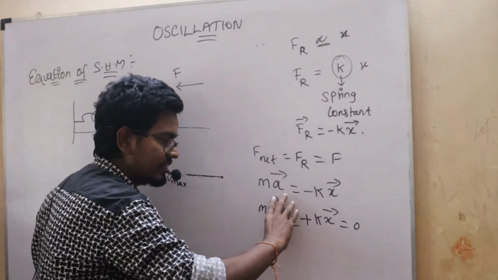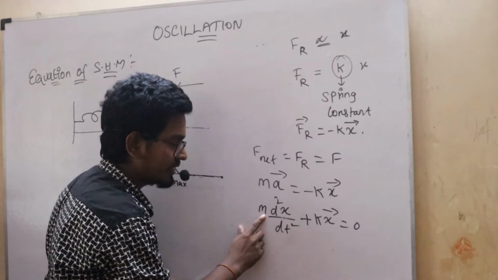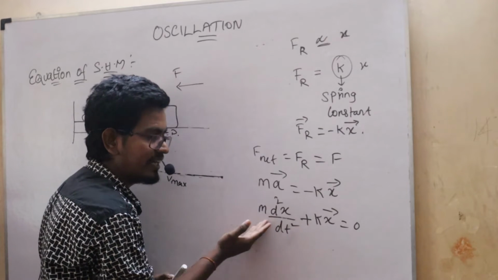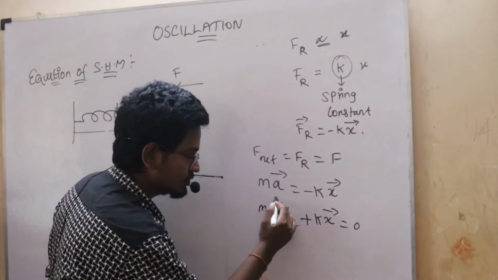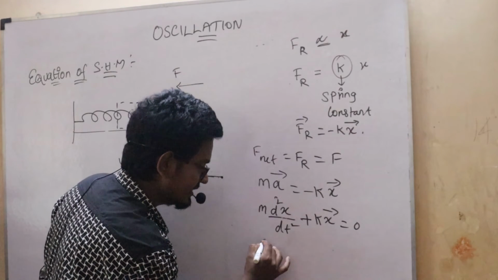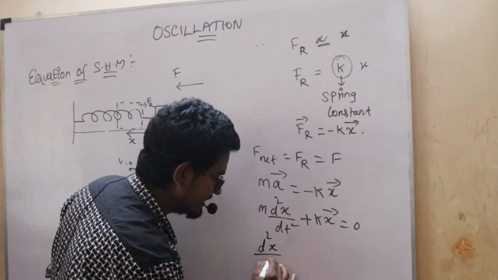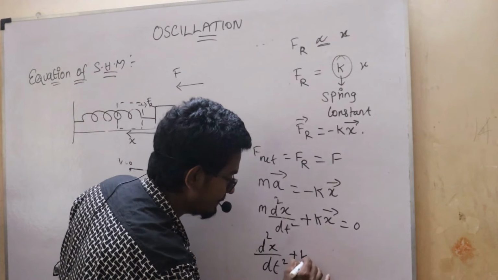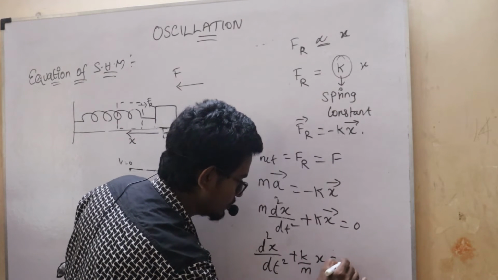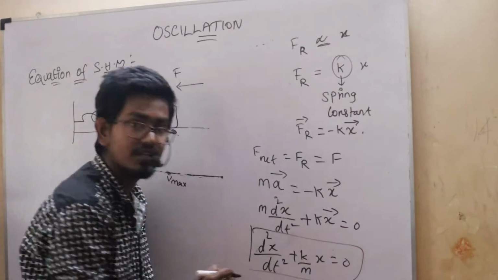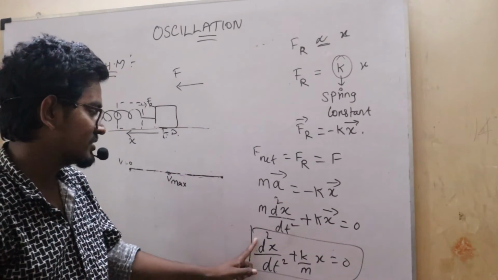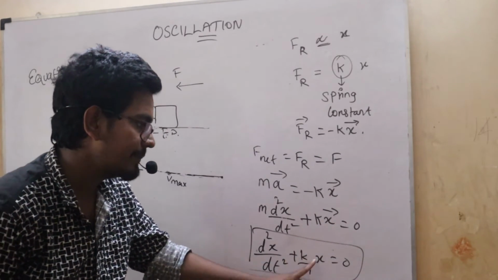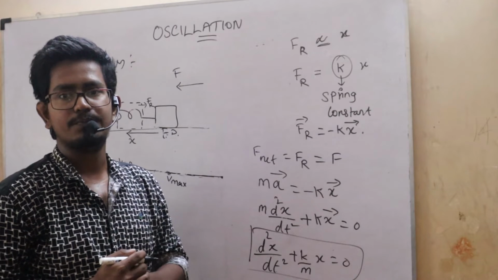So what I'm going to do is divide by m. If I'm dividing by m, then it will be d square x upon dt square plus K by m into x is equal to 0. You can see here d square x upon dt square plus K by m into x is equal to 0.